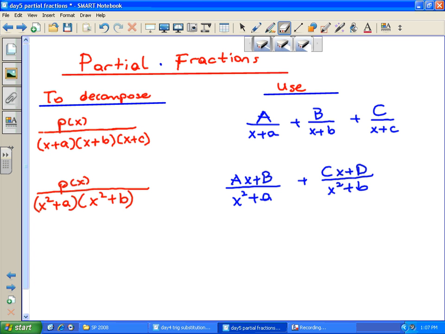So the thing we should learn from these 2 examples is, for the first one, if you have a product of linear factors, our goal will be to try to separate them into just a number over the linear factor, another number over the other linear factor. If you have what we call an irreducible quadratic, because x squared plus b, can you factor that any further?